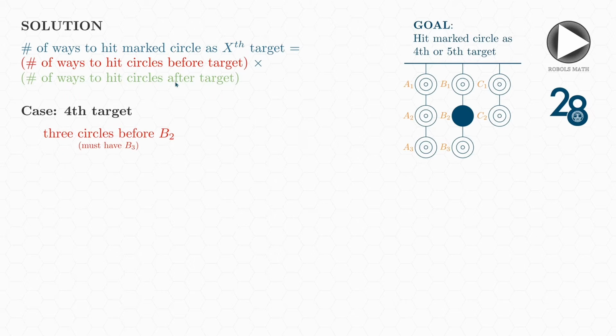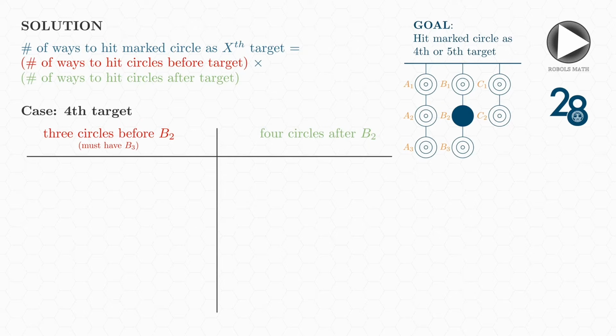And then the green one, the number of ways to hit the circles after the target, we need to hit 4 circles after B2. And of course, since we only hit up to B2 as a fourth target, after that we must hit B1. So this part here must always have B1.